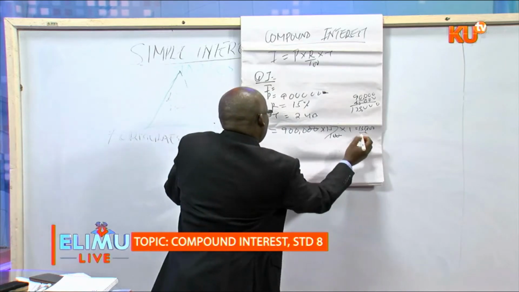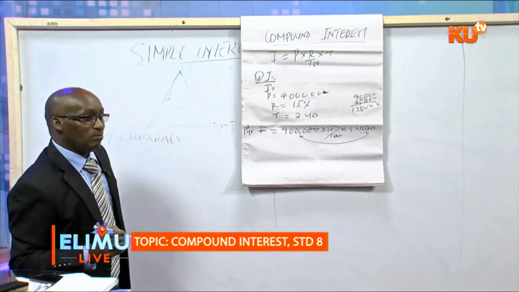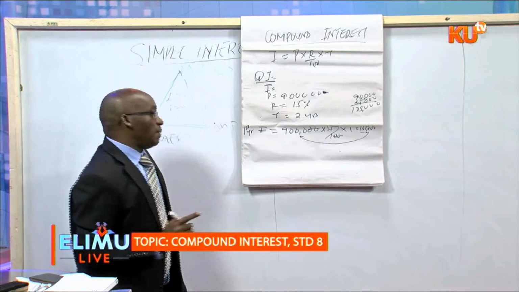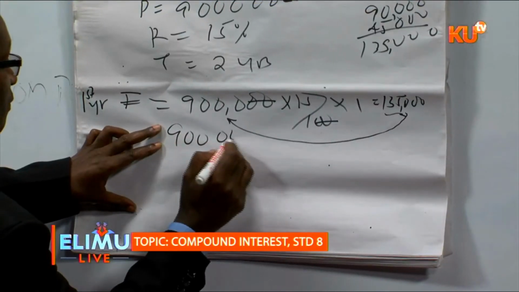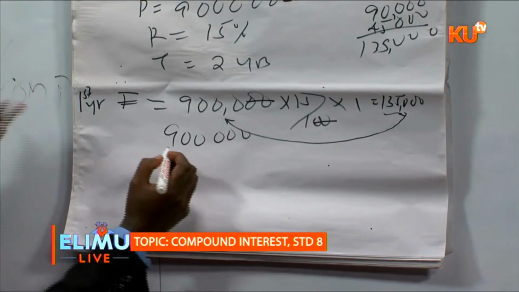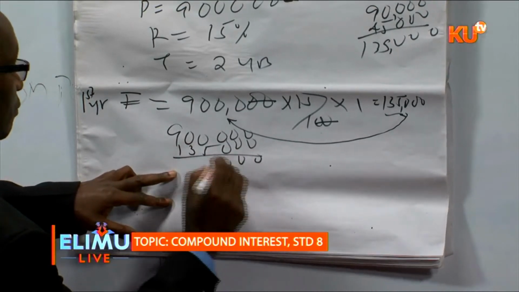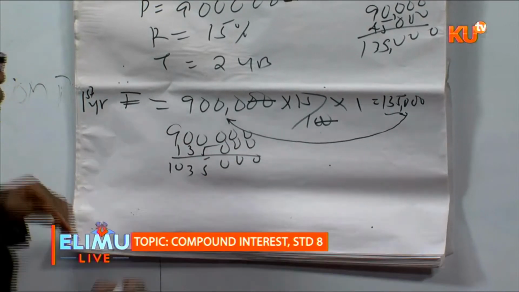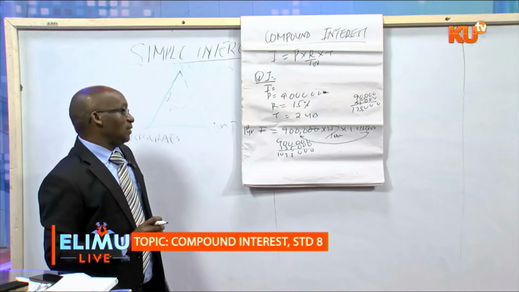Now, this interest is compounded, or added to the principal that was there at the beginning of that particular year. So 900,000 was the principal at the beginning of the year. Add to the money earned, which is 135,000, which will give you 1,035,000.